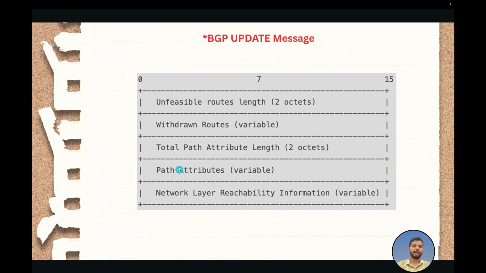Based on this value we will understand the length of the path attributes and so on. Then we'll have the BGP update, the routes that we want to send. This section is also variable, so according to what we have in our database to send to certain neighbors, this field might vary. So that's the basic BGP update format.